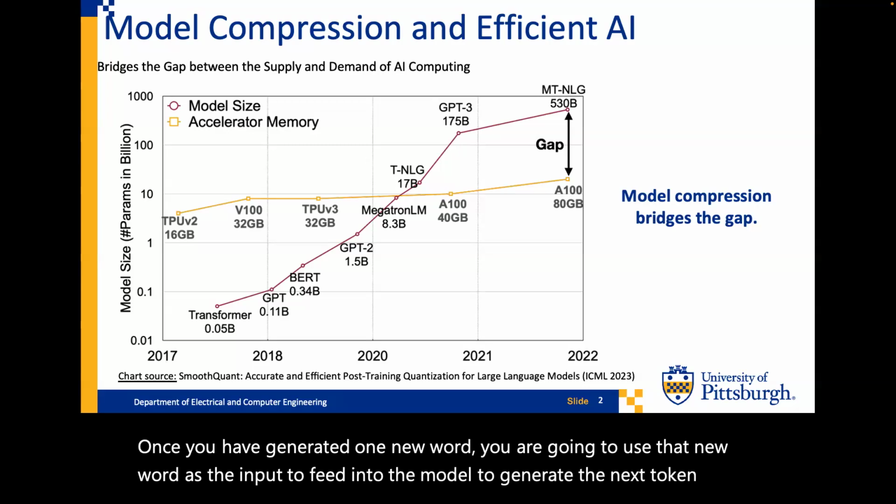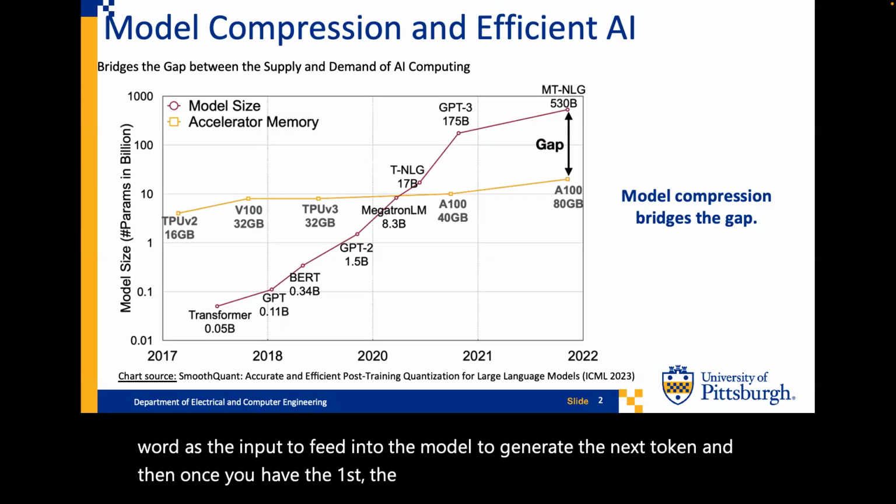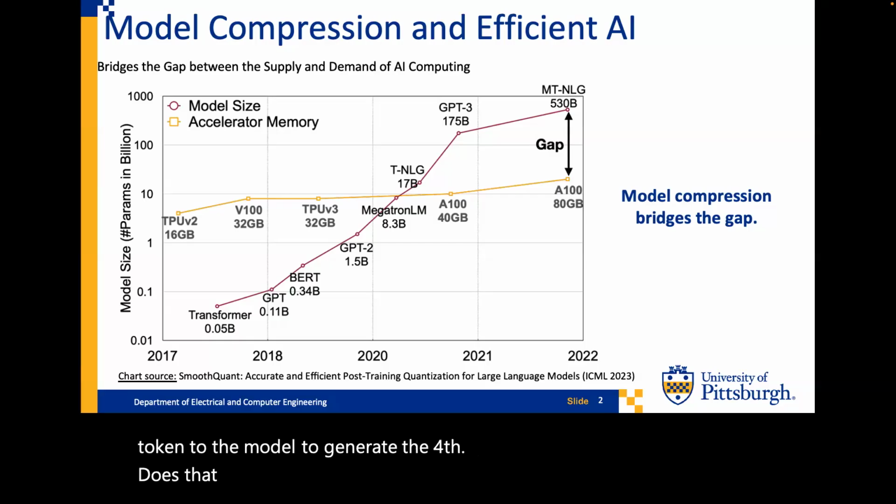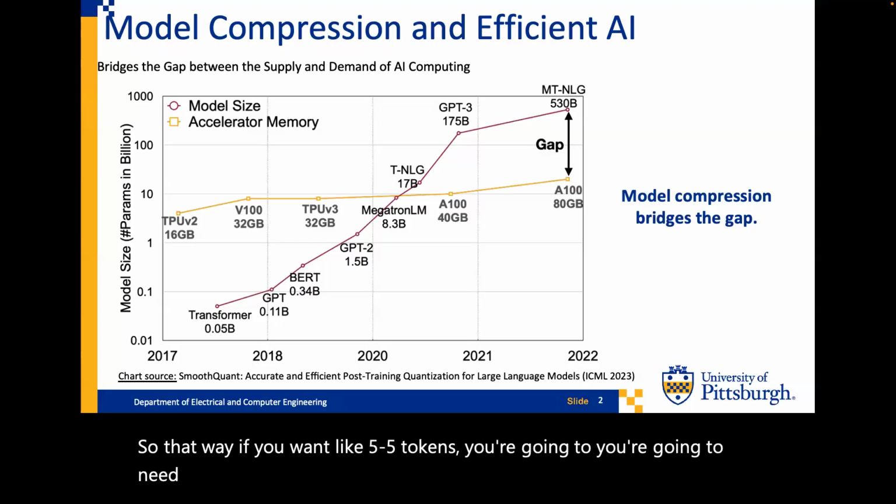And once you have the third token, you feed the first 3 tokens to the model to generate the fourth. Does that make sense? So if you want five tokens, you need 75 seconds to do this. So that's just not acceptable, right?